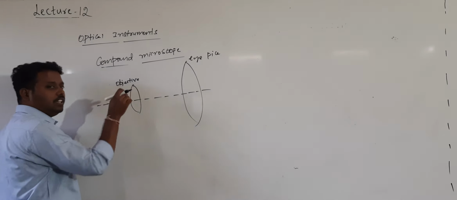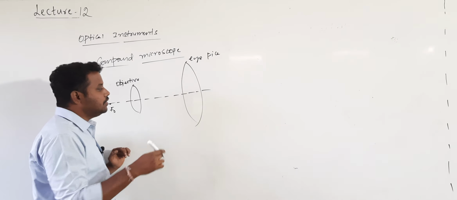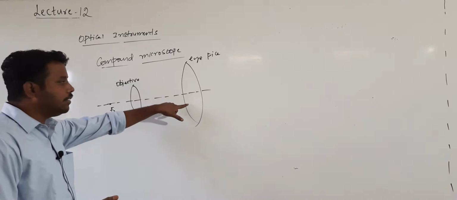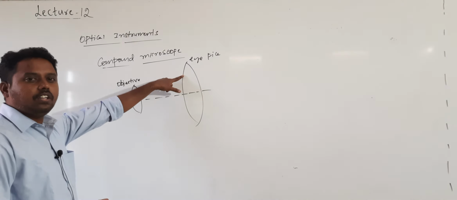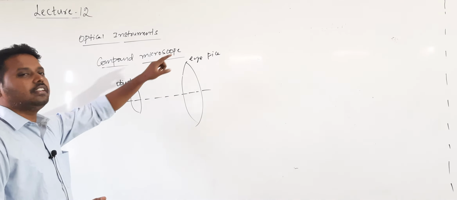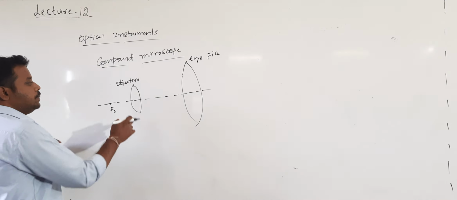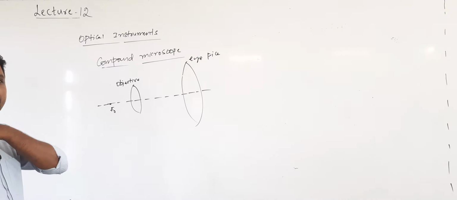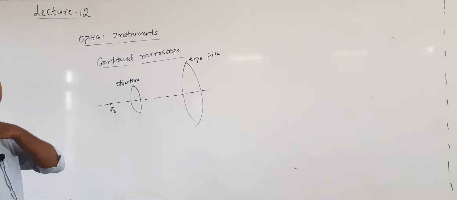One is the objective lens of small focal length and small aperture, placed at one end of the tube, and the other is placed at the other end of the tube, of moderate focal length and a large aperture, called the eyepiece. The distance between the objective lens and the eyepiece is called the length of the microscope.